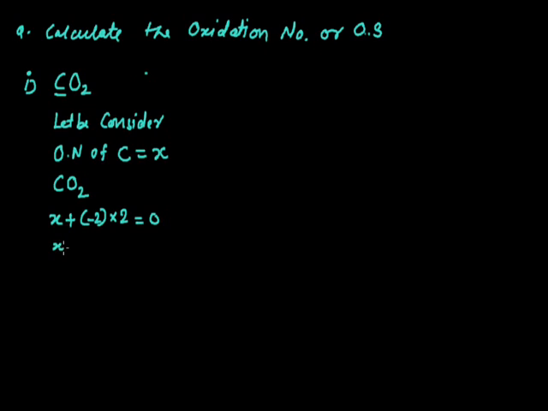After solving this we get X equal to plus 4. So we can say that in carbon dioxide, or CO2, the oxidation number of carbon is equal to plus 4.